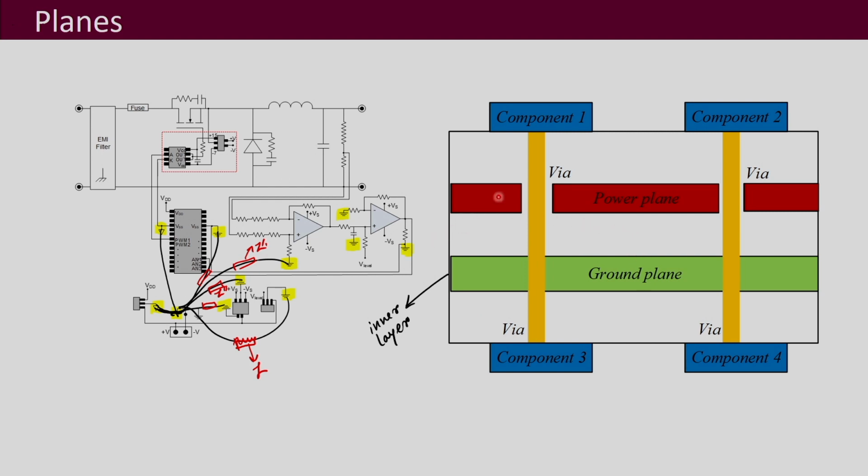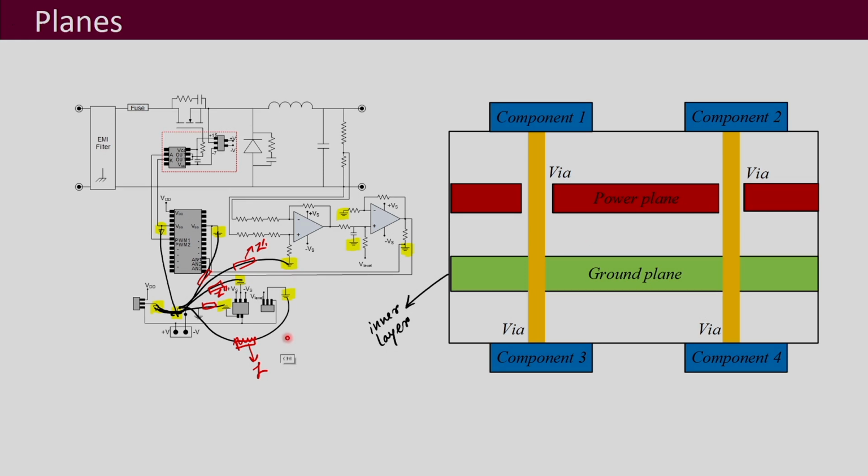Similarly, we can do this for the power plane also, because many times the voltage also has to be supplied to many ICs or components. For example, here you can see this is your plus Vs and minus Vs. Two of them are using this plus Vs supply and minus Vs supply. If you have many other components, many of them have to be given the power supply, the source voltage.